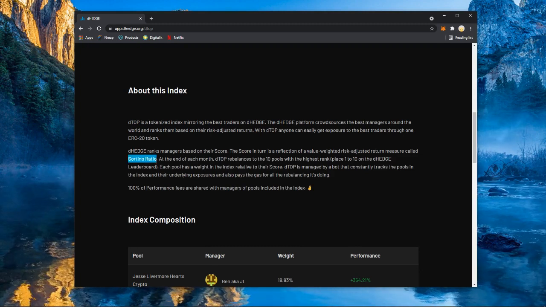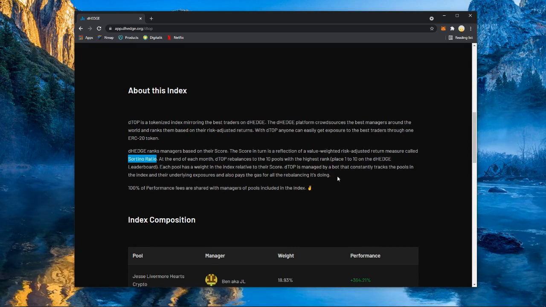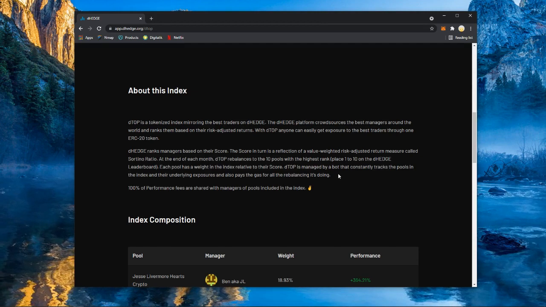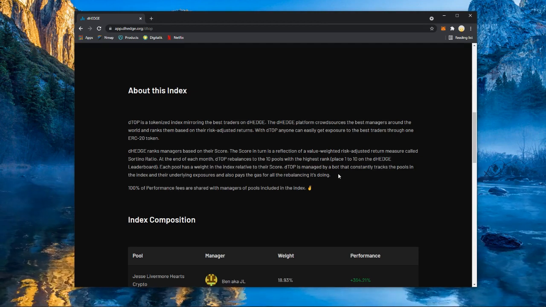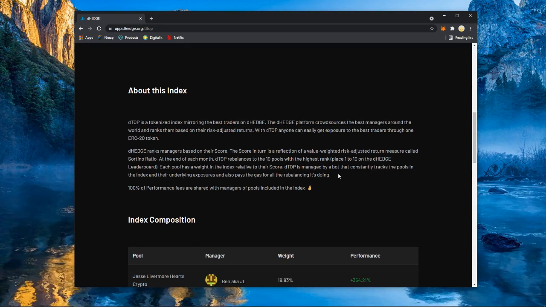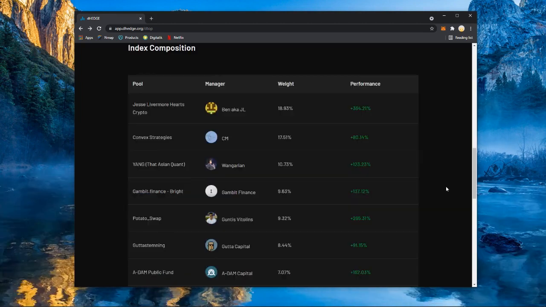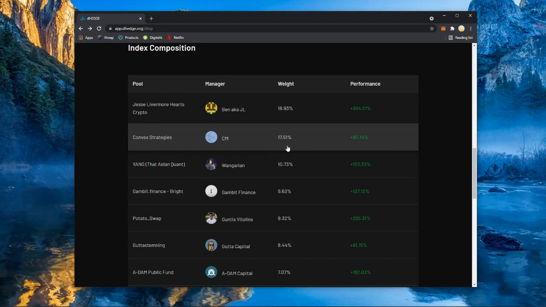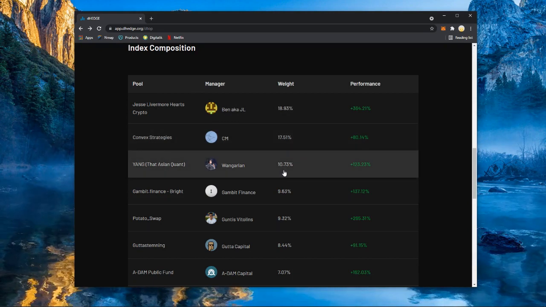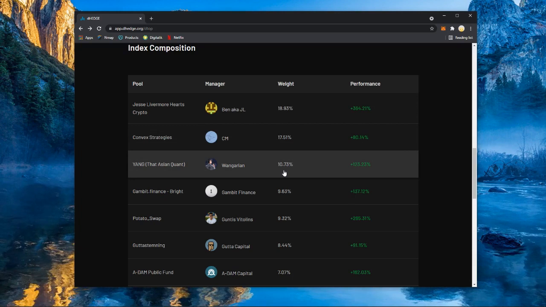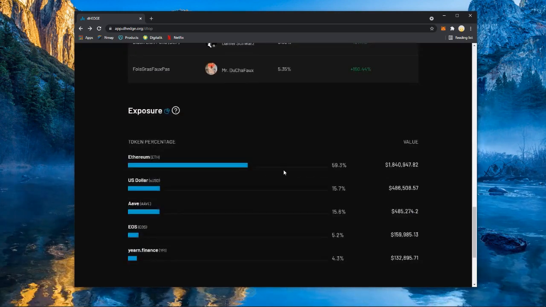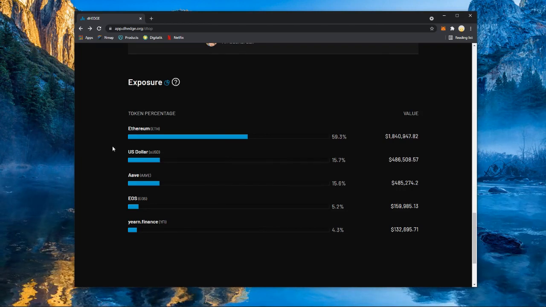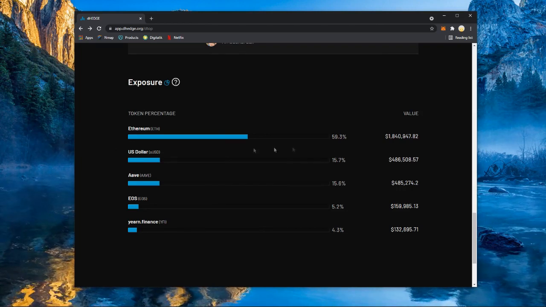The Sortino ratio is a method of filtering out pool managers that are taking on too much risk, causing their drawdown over time to be too volatile to be in the collective index. We can see that the index has different percentages of pools, these pools each being a different tokenized portfolio that rebalances themselves. And we also see the overall exposure of all of these pools measured in percentages.